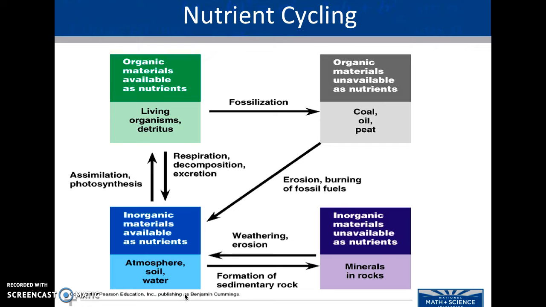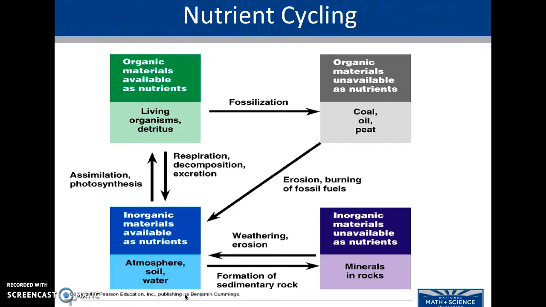If we look at the blue box again, atmosphere, soil, water, where nutrients are available, the way that I get at those is either doing photosynthesis, respiration, decomposition, excretion. Those make the compounds that are in the atmosphere, the soil, and the water usable in another sense.